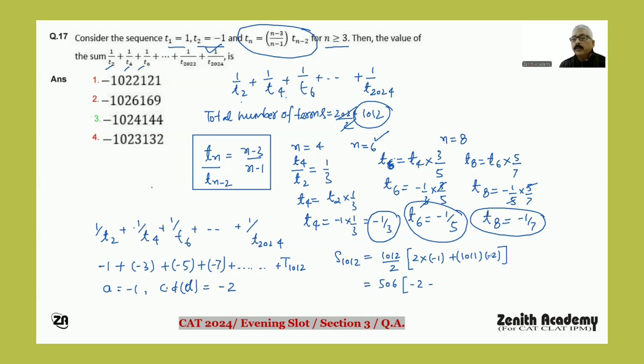So minus only will be, minus into plus minus, 2 1s are 2, 2 1s are 2, 2 0. Right? So now simply multiply. 506 into minus 2024, multiply. You have a calculator. As you multiply it, the sum will come. This will be your sum, minus 1024144, and this is your answer.